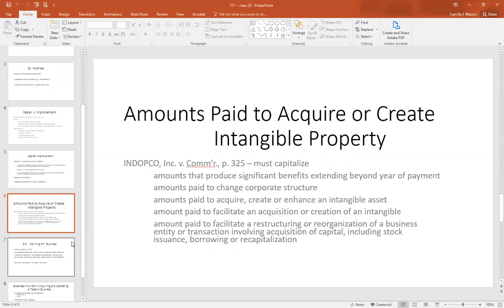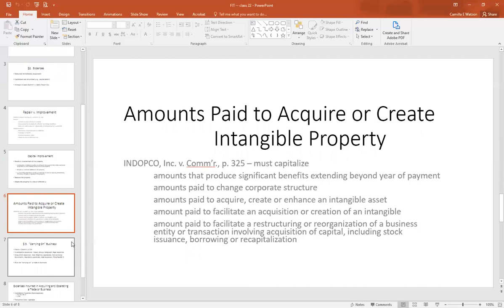So Indopco then went to the U.S. Supreme Court and lost, because the Supreme Court agreed with the tax court and the Third Circuit. National Starch had argued that these expenses could not be capital expenses because they did not create or enhance a separate and distinct additional asset. Therefore, there was nothing really to capitalize.